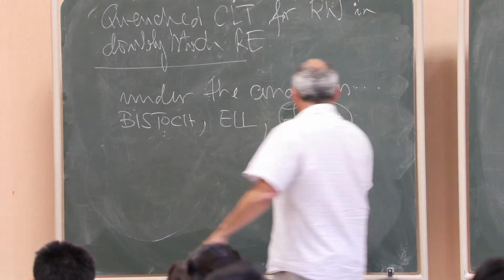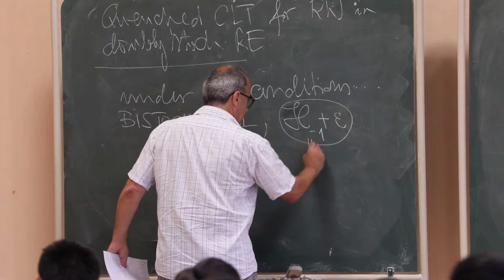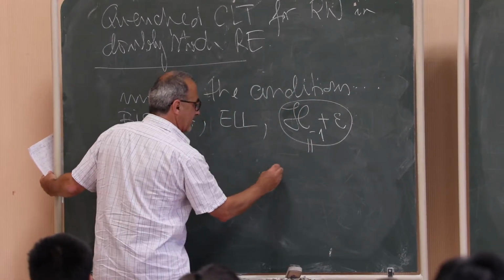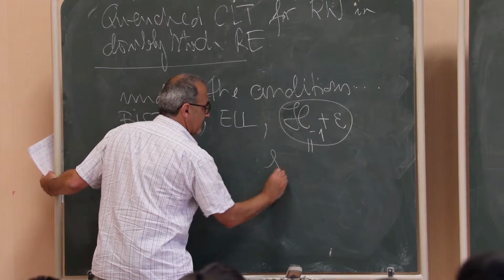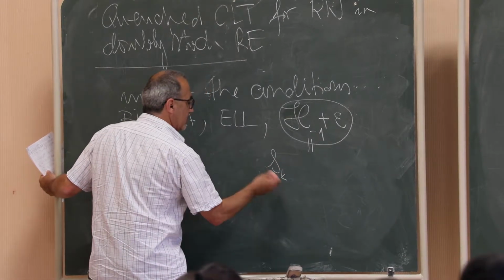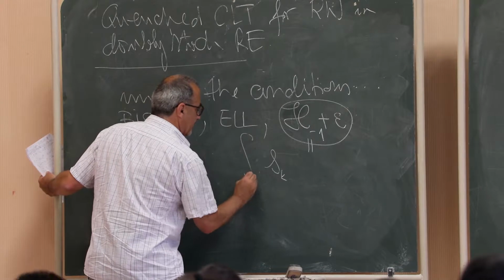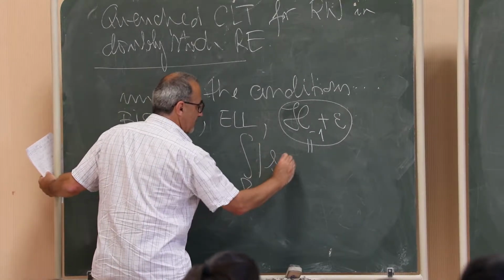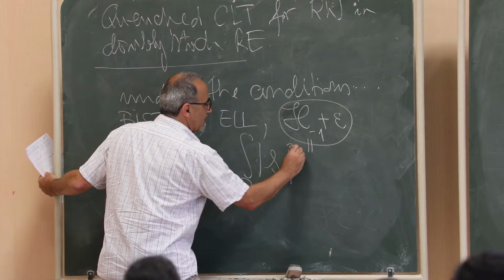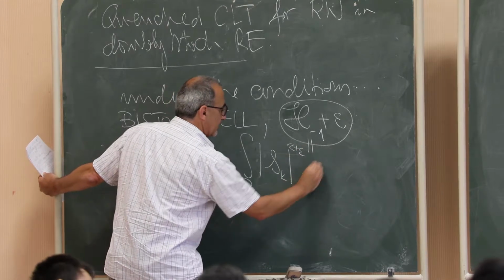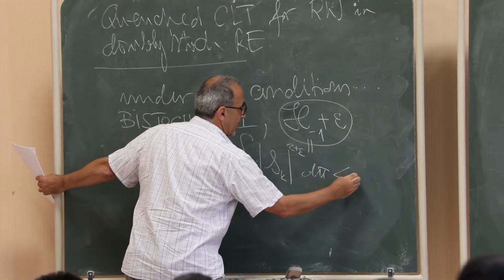So let me say this means that the integral on omega of |S_k| to the 2 plus epsilon d pi is finite.